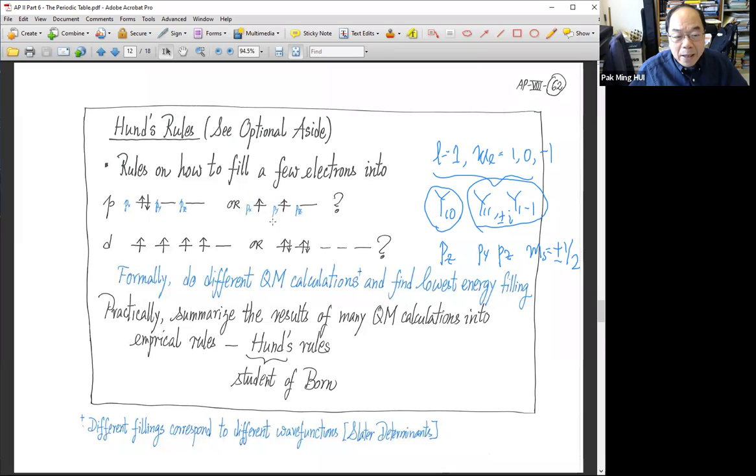Okay. Similarly, when you go lower in the periodic table, that is to say, higher in the atomic number, go into the D state, it is even more troublesome. So you have 5 D states and spin up, down, there are 10 places. If you have 4 electrons, what to do?